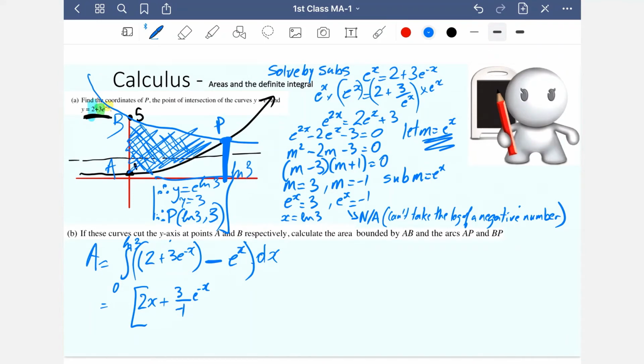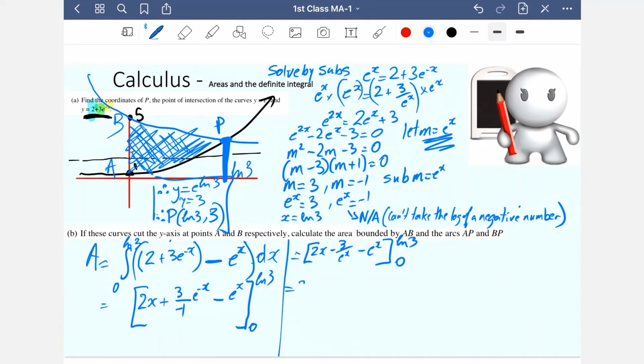And the integral of e to the power of x is e to the power of x over 1. That's fine, because dividing by 1 is the same thing. And then all of that is from 0 to the log of 3. Let's tidy that up before we make our substitution. So I'm going to have 2x minus 3 over e to the power of x minus e to the power of x from 0 to the log of 3.